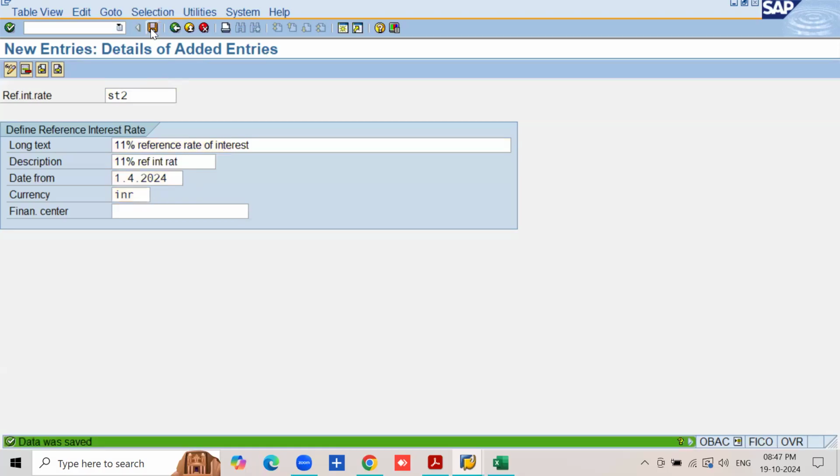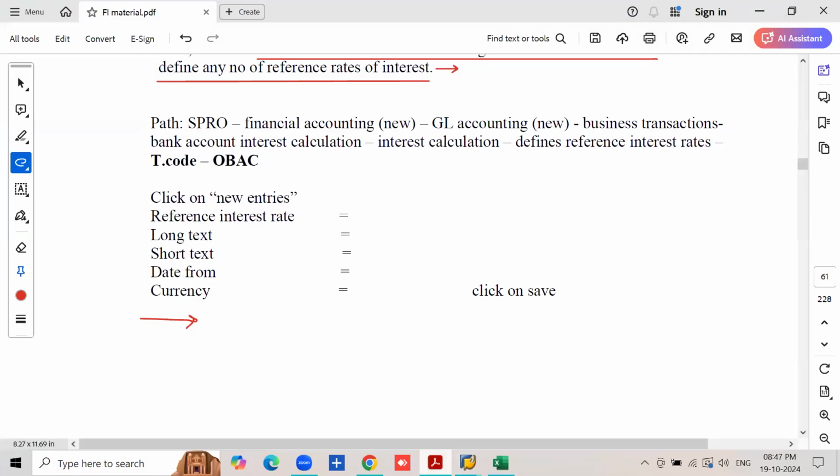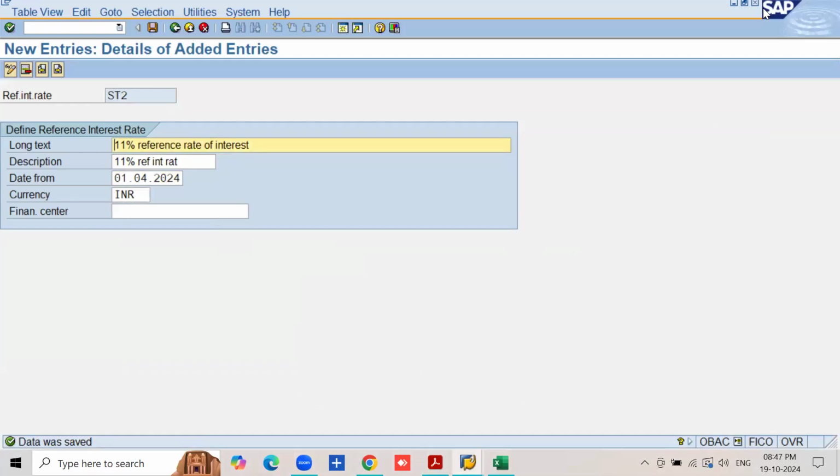Click on save. So like that, suppose if you want to define another reference rate of interest, click on next entry button, right? Write down the table name, T056R.